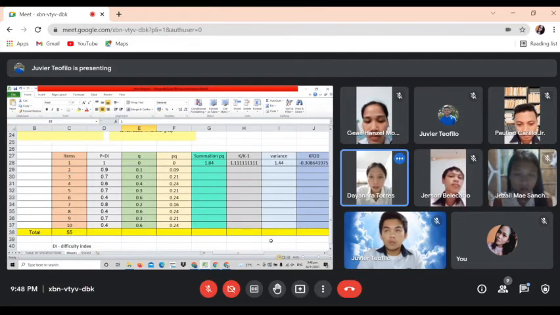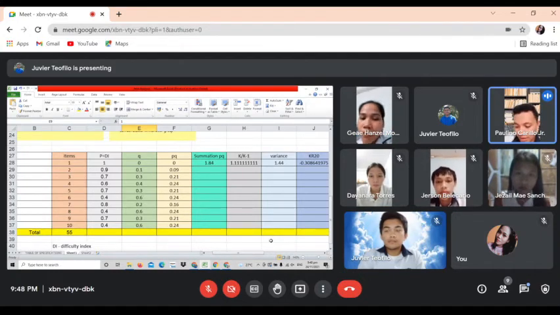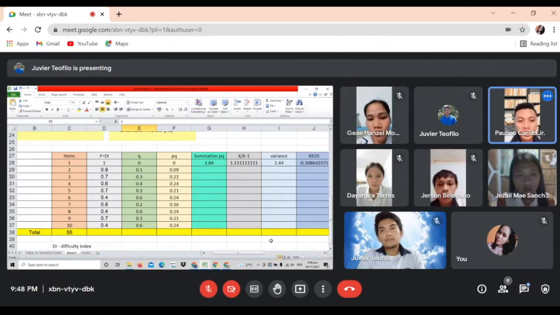Next, the KR20 will be discussed by Mr. Paulino. Guys, notice that we obtained negative 0.30864195. What is a good KR20? Because we got a negative result, we go to the description of Kuder-Richardson's general form of formula.